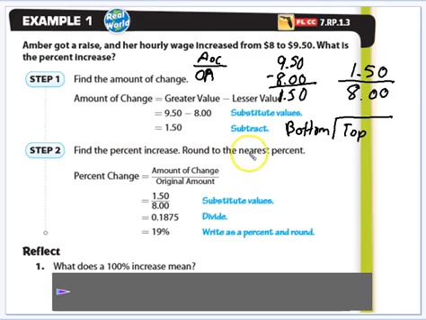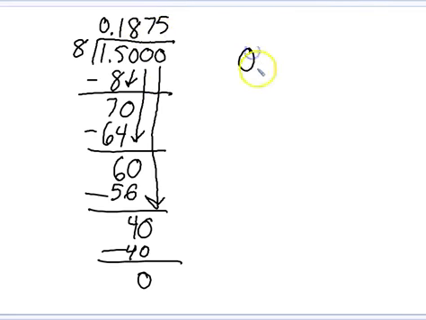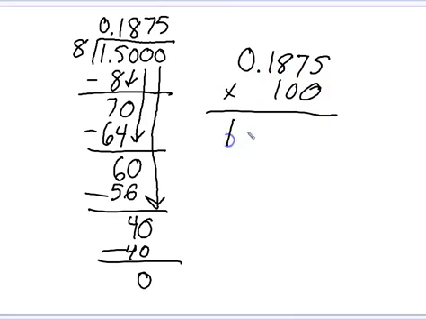Find the percent increase, round to the nearest percent. We're looking for a percent, rounded to the nearest percent. So class, when I get a decimal, to make it a percent, I can either multiply it by 100, which would give me 1875, or I just take the decimal and move it over twice to the right to make it a percent.